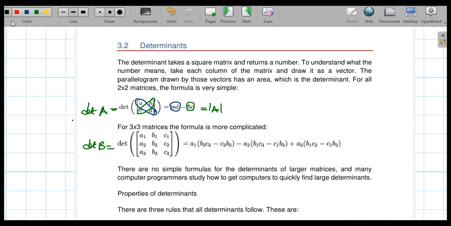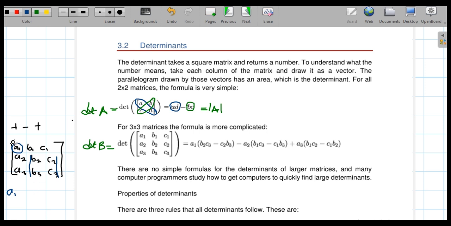Let me write this out. Let's consider this, plus, minus, plus. This matrix A1 is a 3 by 3 matrix. To get the determinant of this matrix, pick this first element out, A1, then multiply it by the determinant of this.